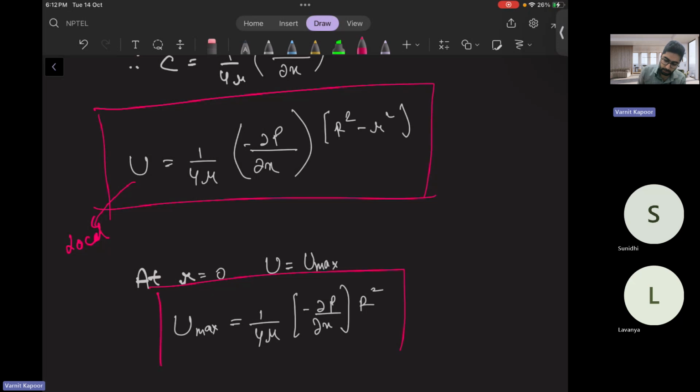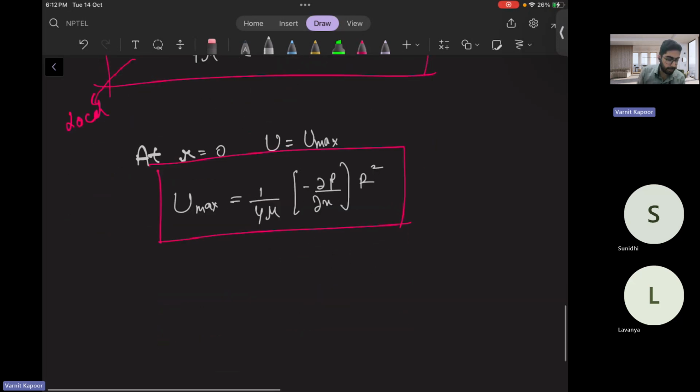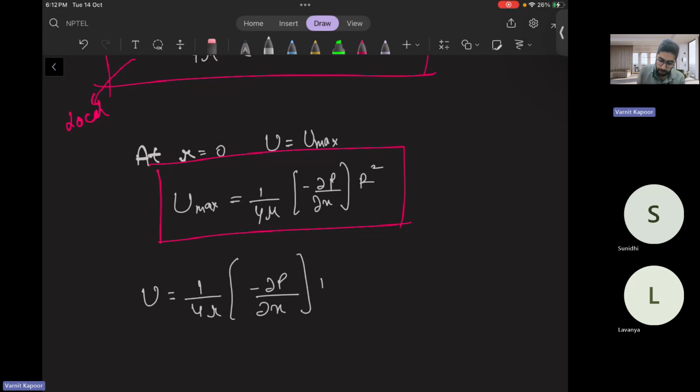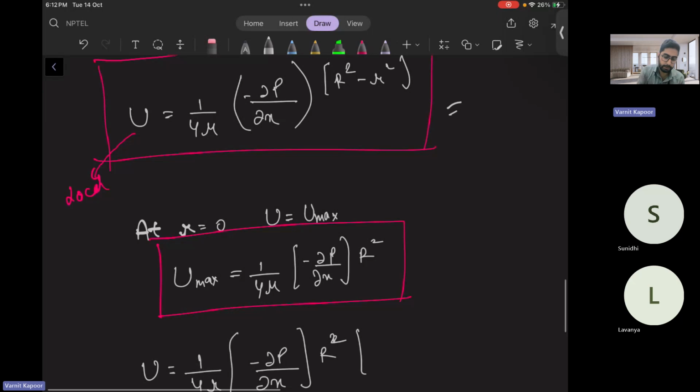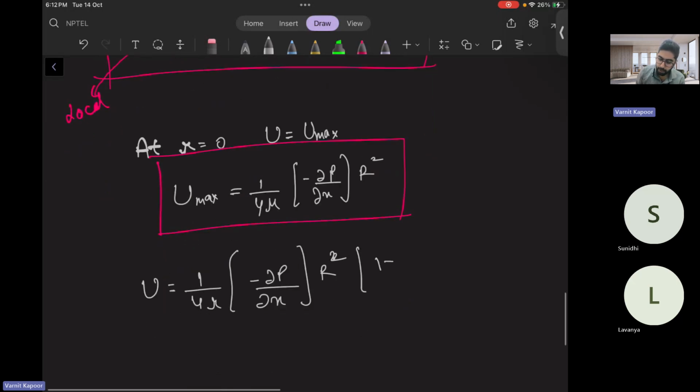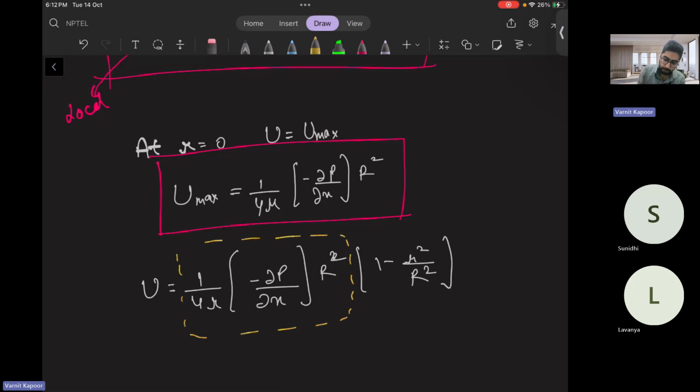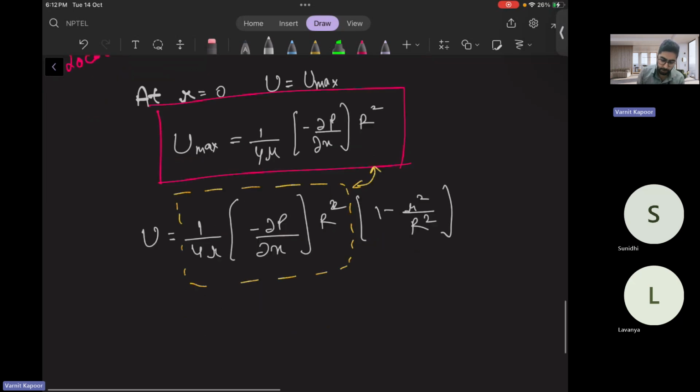Therefore, since we know u is 1 by 4 mu, minus dou p by dou x, if you take out capital R square, it will be 1 minus small r square by capital R square, and this is nothing but your u max.